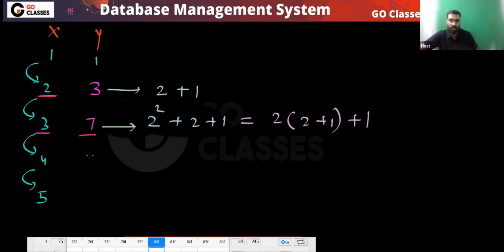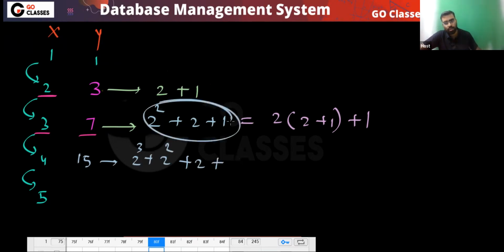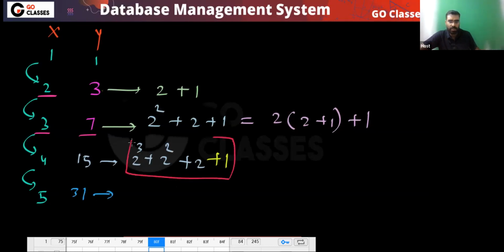So this will be this value. What will be the next value? The next value will be, you multiply this with 2 and plus 1 extra. Similarly, the next value will be, you multiply this with 2.